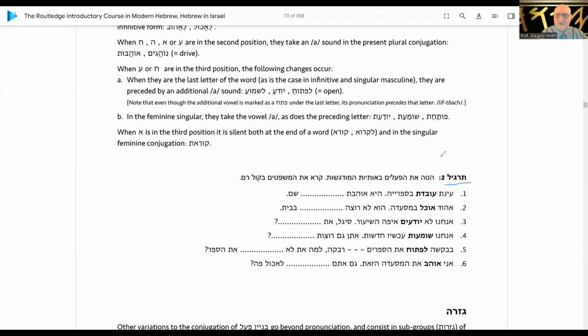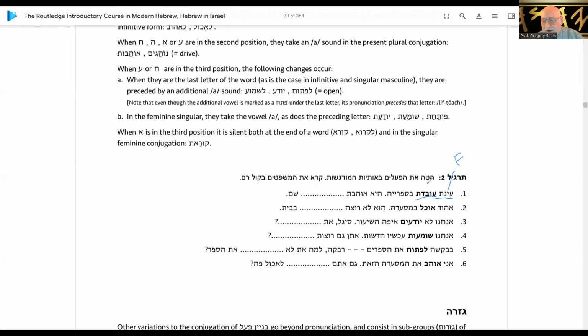Yep. Okay, there's Targil Shtayim. Okay, so hate et hapoalim, otiot hamudgashot. Basically take the bold part here and then kra et hamishpatim bekol ram. Okay, so read the entire sentence. Essentially, what's going on here? Okay, so Inat, we know this one from other things, is feminine.